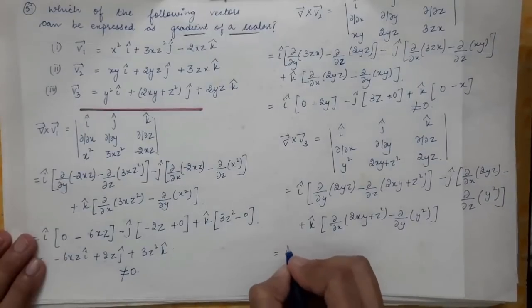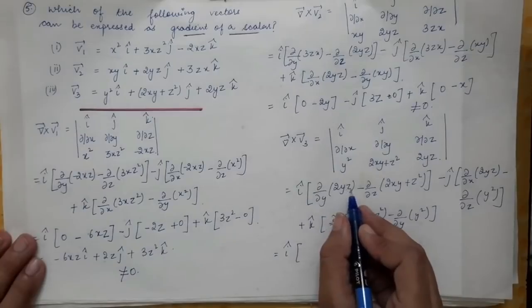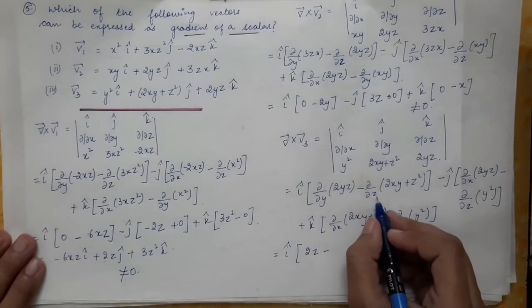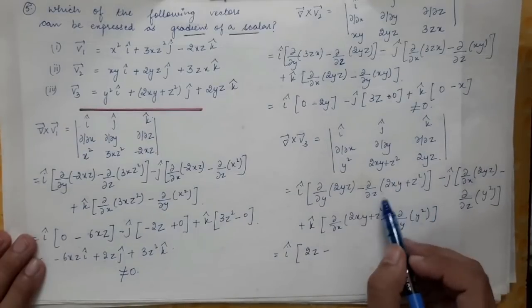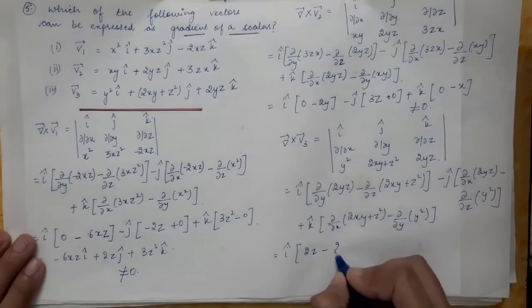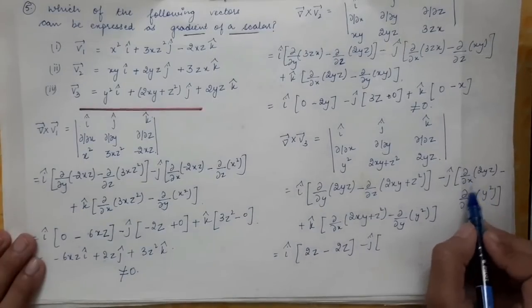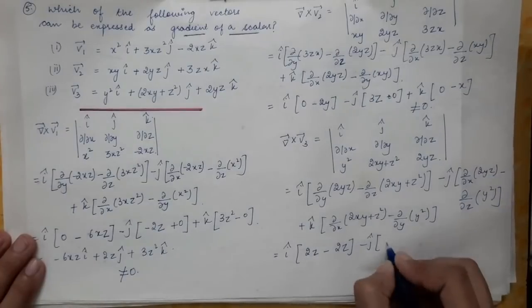So on solving, in the first term we have del by del y of 2yz, so that will be equal to 2z, then minus, we are doing derivative with respect to z, so this 2xy will be constant, so this will be equal to minus 2z. Then minus j cap, we are doing derivative with respect to x, so here we have y and z, so that will be equal to 0.